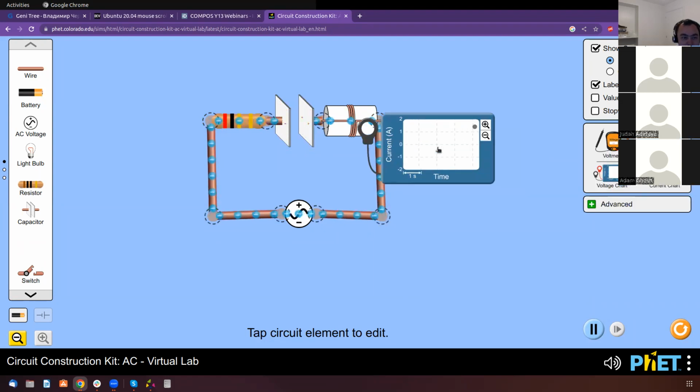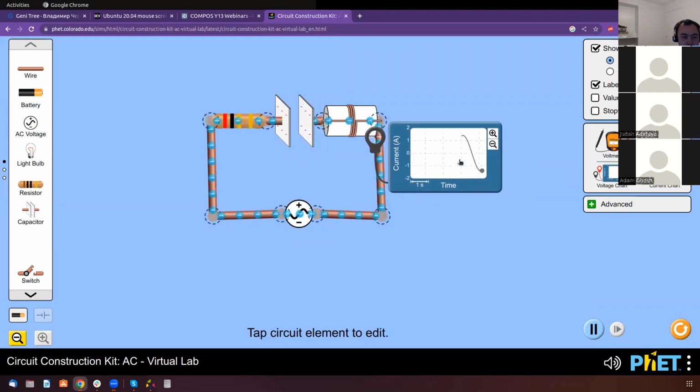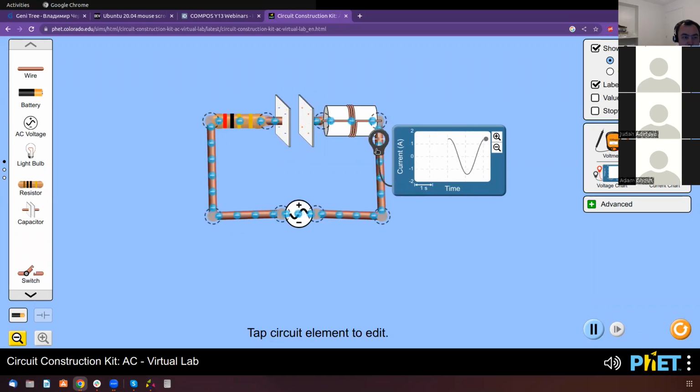And we have the current chart. So we have forced oscillations. This is an alternating power supply, and it's forcing oscillations in this circuit.